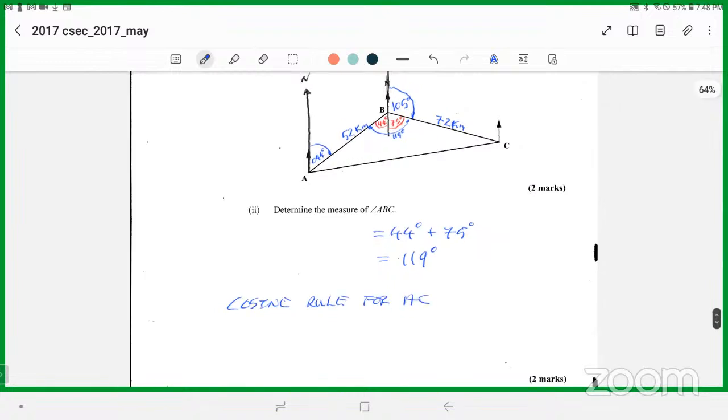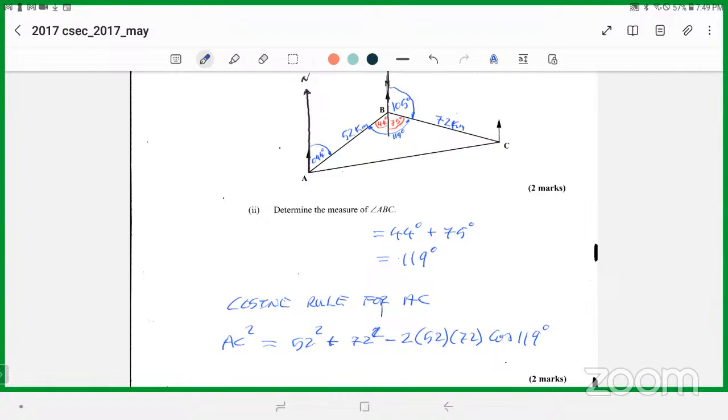It's going to be that AC squared equals this side squared plus that side squared: 52 squared plus 72 squared, minus 2 times the 52 times the 72 times the cosine of the angle between them, which is the 119 degrees.